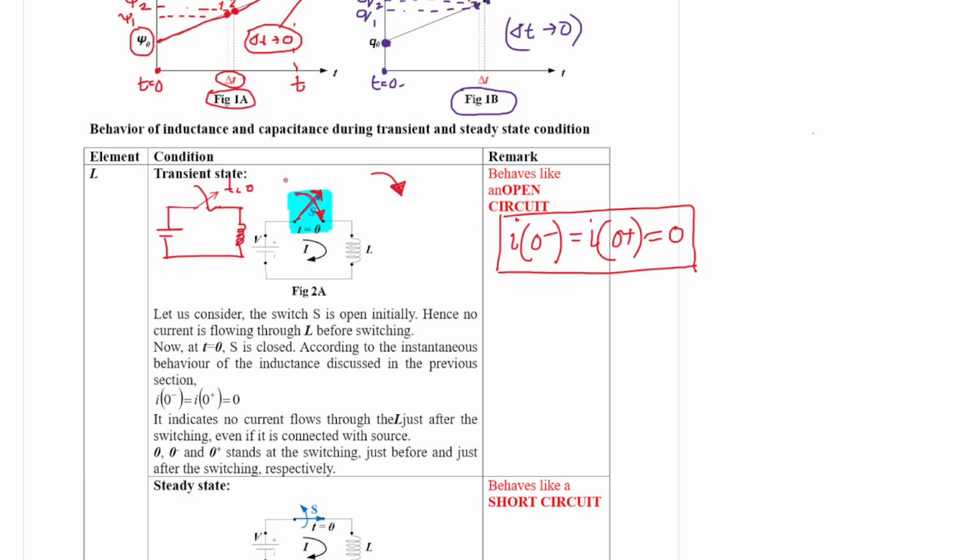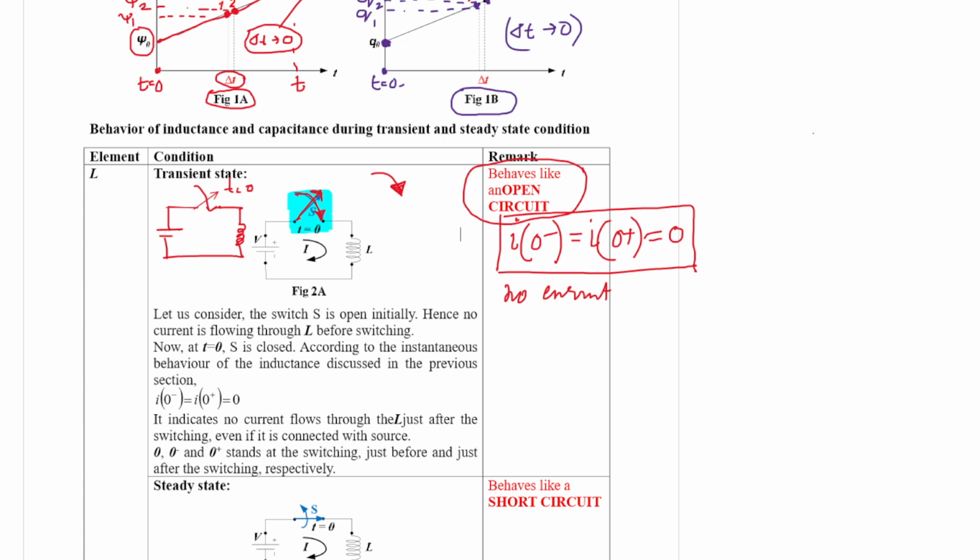So as you close the switch, just after the switching, I(0+) should be equal to 0. So now, no current means it is an open circuit.